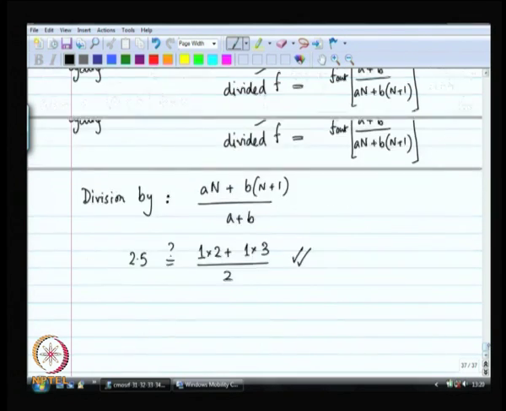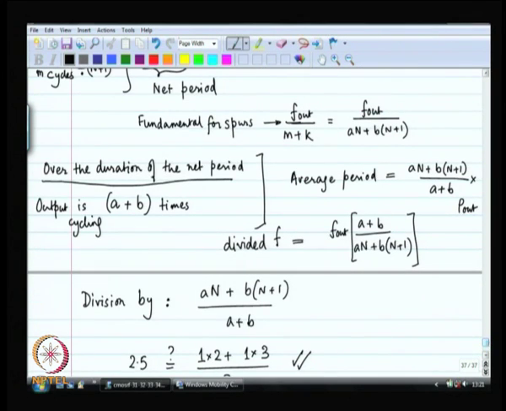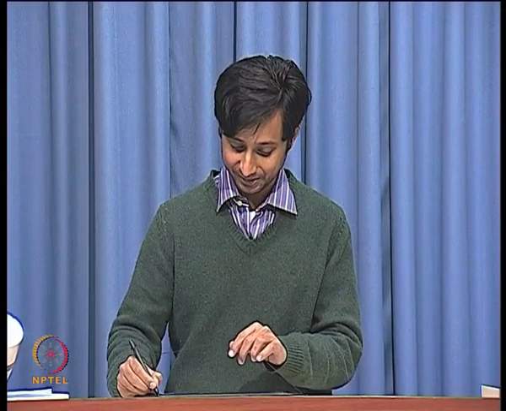So, therefore, this formulation is correct. This is a way of checking whether the work I have done is correct or not. And basically, now you choose your n, you choose your n plus 1, you choose a and b, and you can get different kinds of fractions as far as you are concerned.